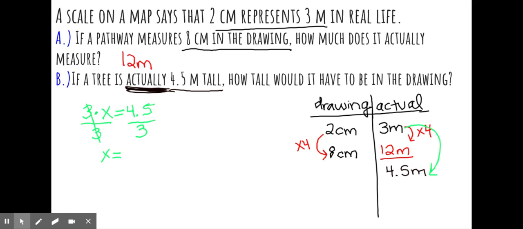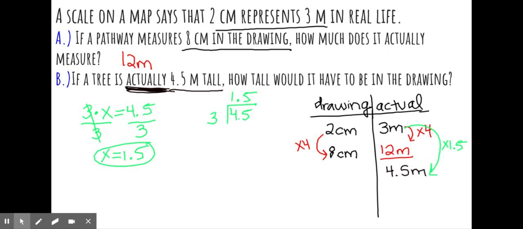You guys can divide that out by hand. I'm not going to go through the whole thing, but when you divide that out, you get 1.5. So that means 3 times 1.5 gives us 4.5.